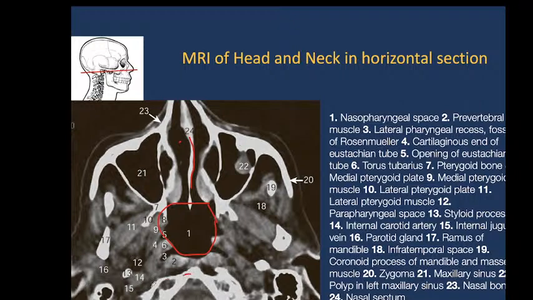This is the first vertebra called atlas, and we also see the muscles located on the anterior surface of vertebral column.